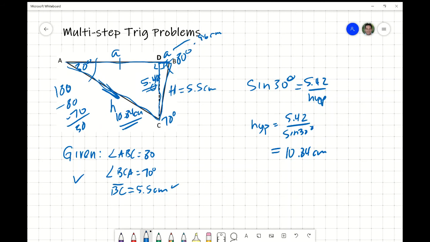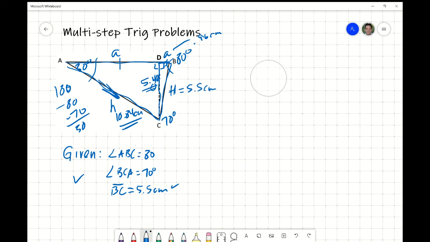We've got one more side to do, so let's find the adjacent here using 30 degrees again. If we're looking for the adjacent and we know the hypotenuse, then we're definitely going to do cosine. So cosine of 30 degrees is equal to the adjacent, which is unknown, over the hypotenuse, which is 10.84.